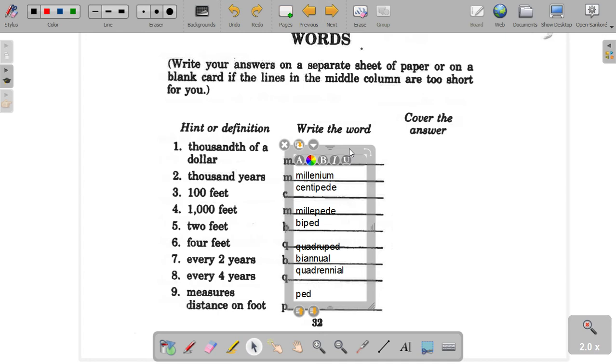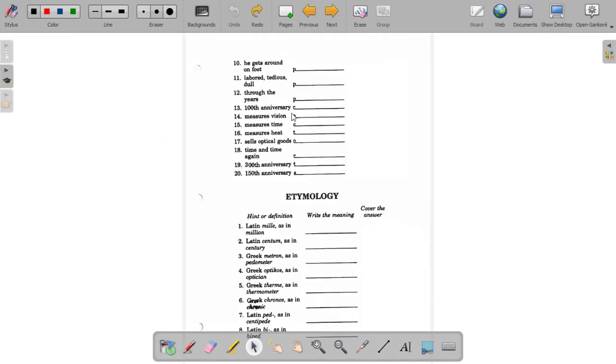Measures distance on foot? What is the word that means measure? Metron. So what would be something that measures distance on foot? No, a clock measures time, not distance. Pedometer. That one was pretty easy.